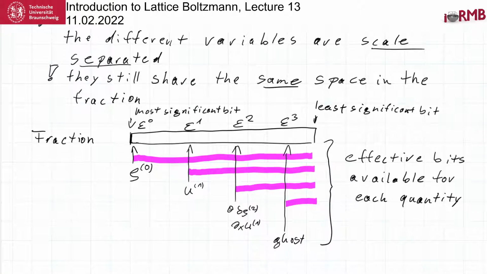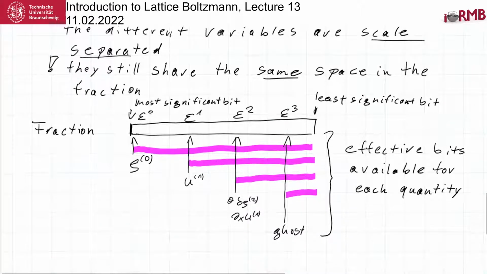So you see that for rho 0 we have a lot of space, whereas for velocity we have somewhat less space, and for the pressure we have only half the space actually. Let's look at an example.